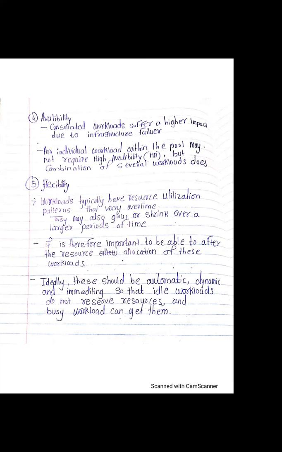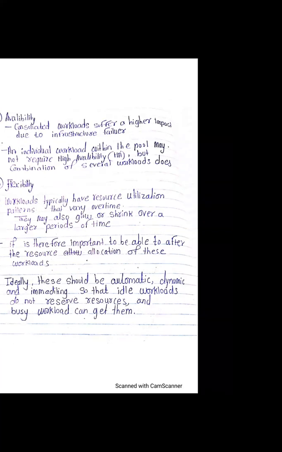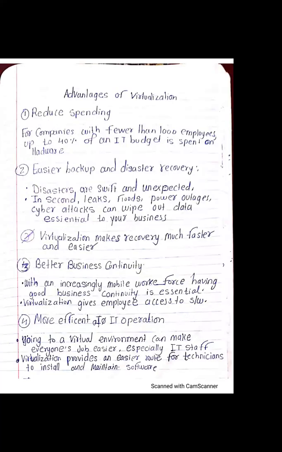I already explained these characteristics in my previous video also. After that, the advantages of virtualization. First, reduced spending. For companies with fewer than 1,000 employees, a large percent of the IT budget is spent on hardware, because they need a lot of devices for their employees, and each device needs to be maintained.